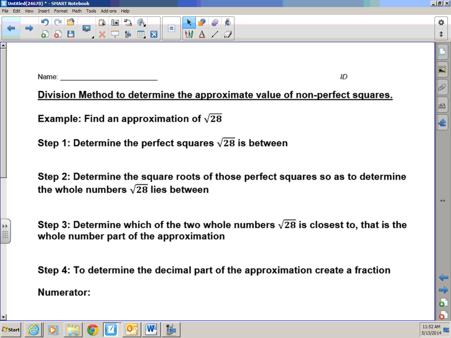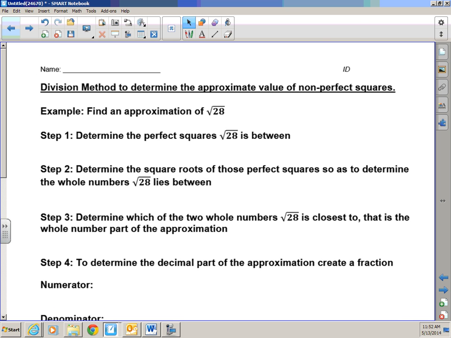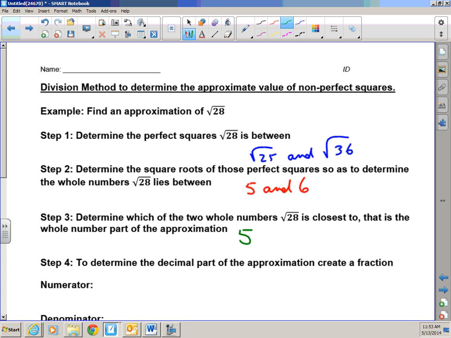Well, the first thing is we know that the square root of 28 is somewhere between the square root of 25 and the square root of 36, the two perfect squares, one above and one below, which means it's somewhere between 5 and 6. Well, which of these numbers is it closest to? It's the 5, because it's closer to 25 than it is to 36.